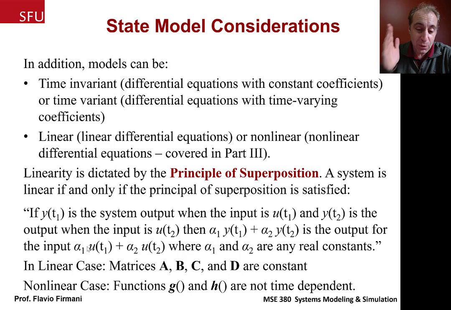We're going to have linearity when we have linear coefficients in our matrices. And so a linear case is something that can be structured in a matrix form, where we're going to have A, B, C, and D, and all these coefficients are constants inside these matrices, and we can evaluate what the response of the system is.